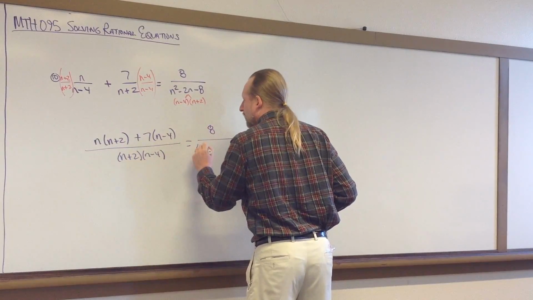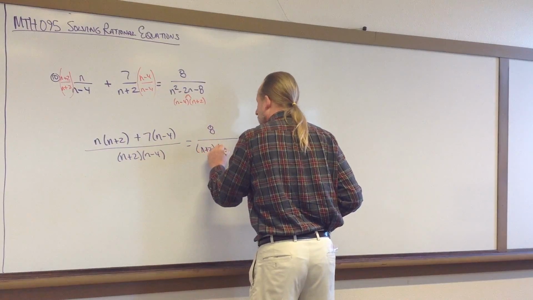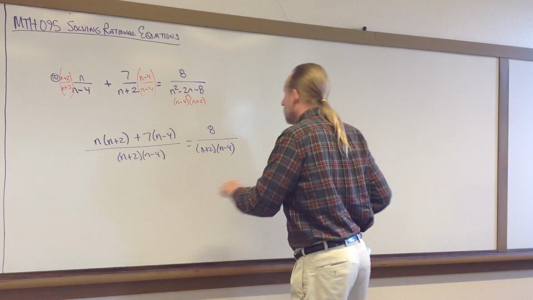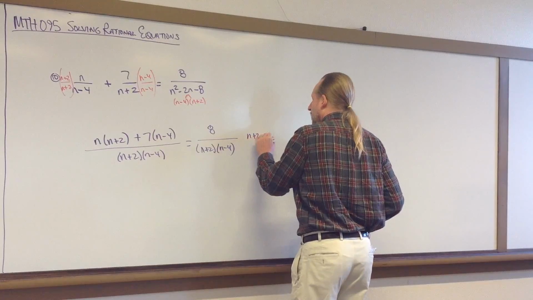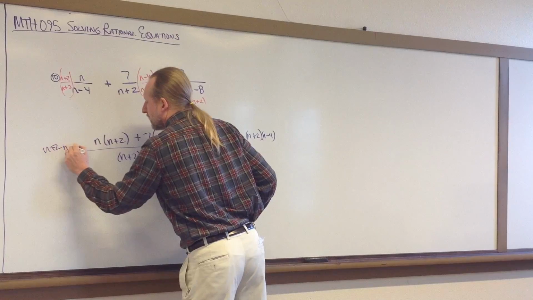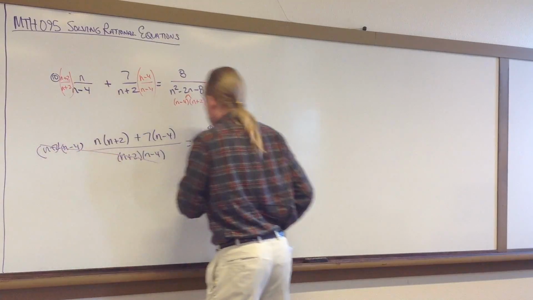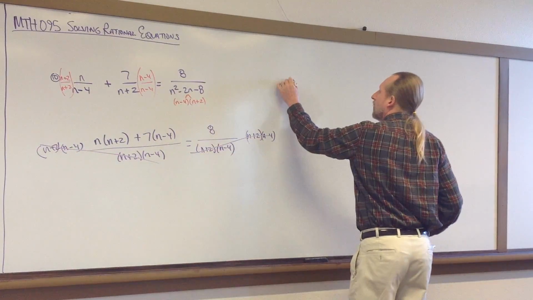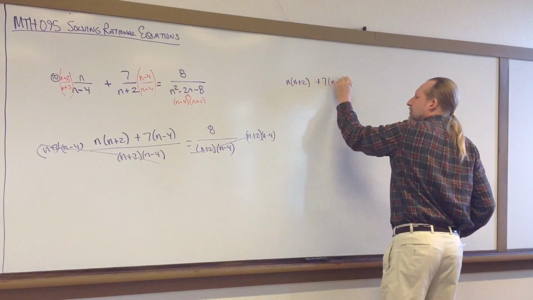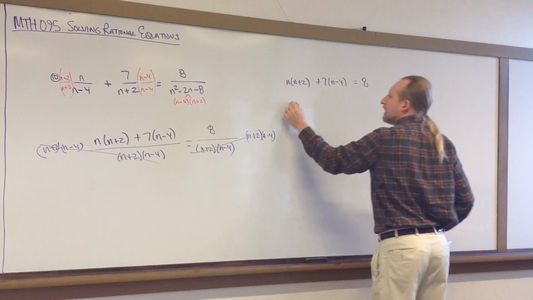And on the other side, we'll have 8 over n plus 2 times n minus 4. And then we're going to cancel these out. We're going to cancel out this denominator by multiplying on both sides by n plus 2 times n minus 4. So, n times n plus 2 plus 7 times n minus 4 equal to 8.